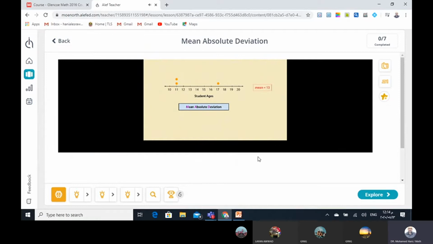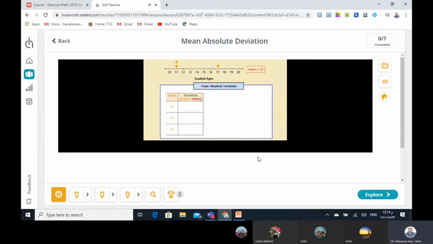The smaller the MAD, the less spread out the values are. First, we find the absolute deviation from the mean of each value. The absolute value of 11 minus 13 equals 2. The absolute value of 17 minus 13 equals 4.